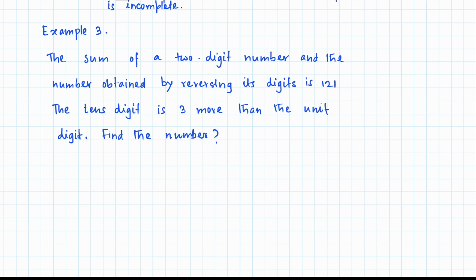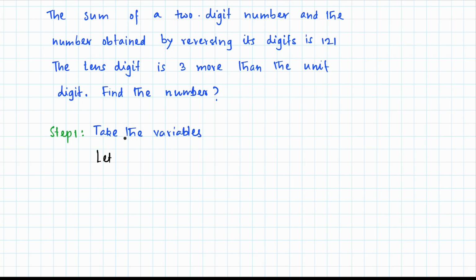It's very simple. Now let's break the statement. Step 1, we first assign the variables. Let the tens digit be x and ones digit be y.